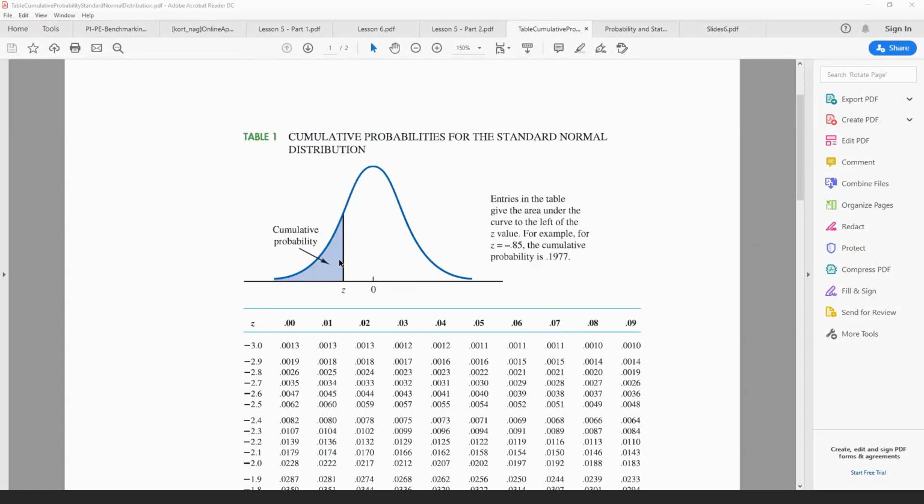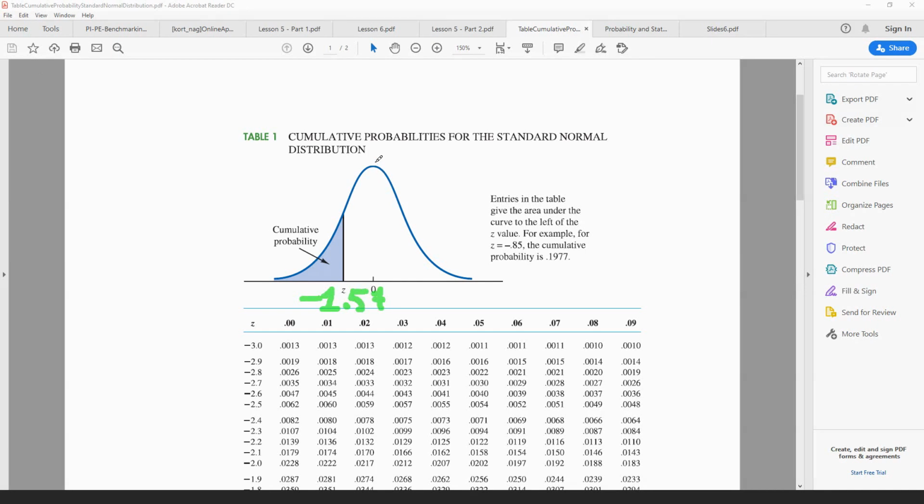You are looking for the probability that z is less or equal to minus 1.7.